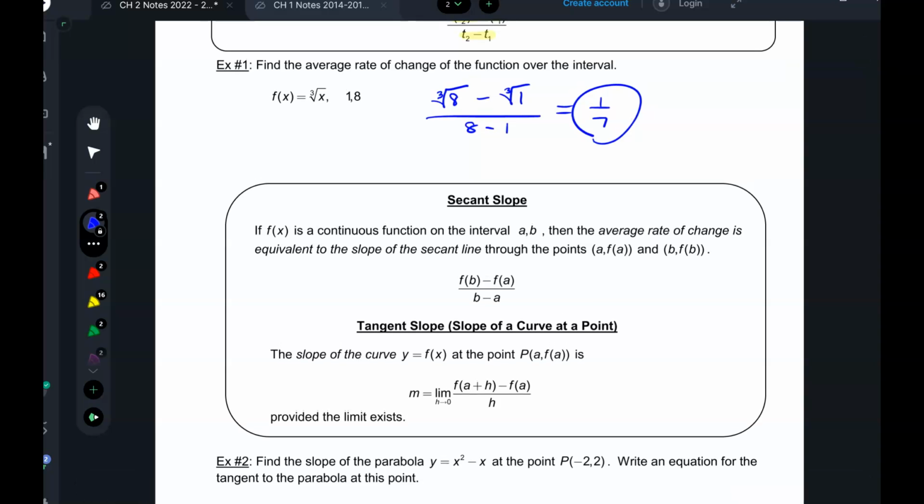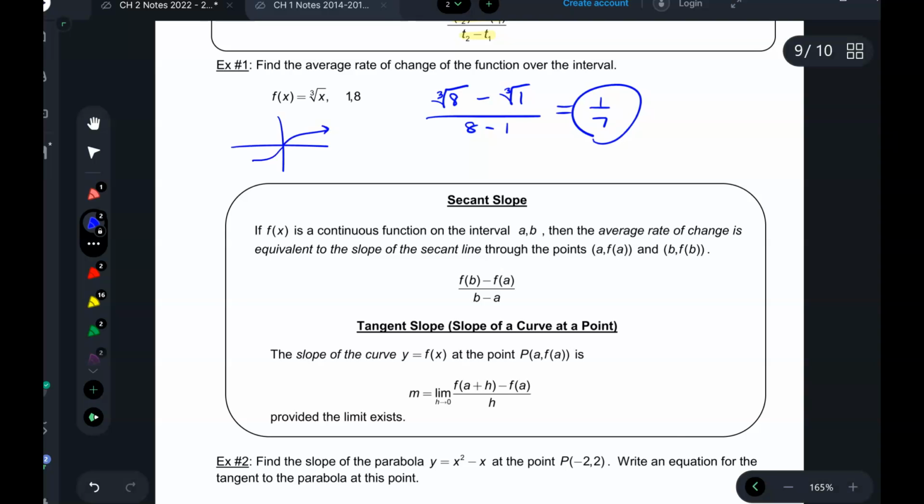If you're trying to explain that, what's 1/7 mean? Can you explain it, Mia? So it's like up 1 and over 7 on the graph. Okay, so the slope, or the average rate of change, on that cube root in the interval from 1 to 8 is 1/7. Now, what does cube root of x look like?